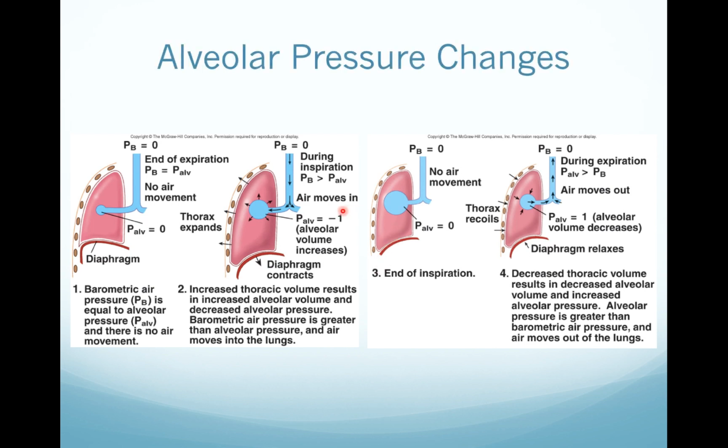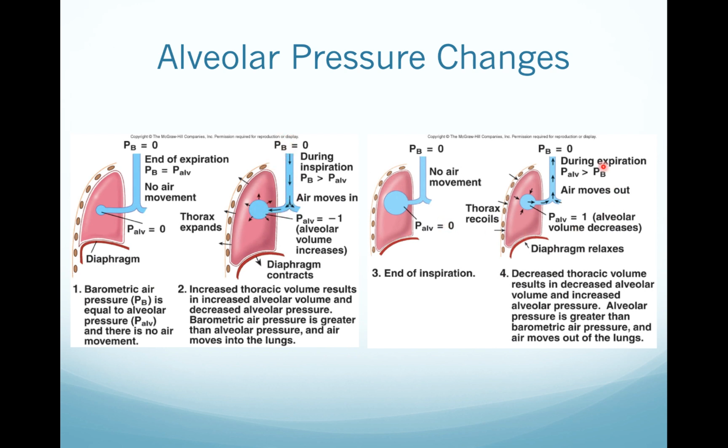So when you do that, you see these arrows. This means the rib cage is pulling out, the diaphragm is pulling down, allowing the pressure inside of here to be a -1. Remember again, gas always goes from high to low pressure. At this point now, the external pressure of 0 is higher than that of the inside of -1, so gas is going to move in.